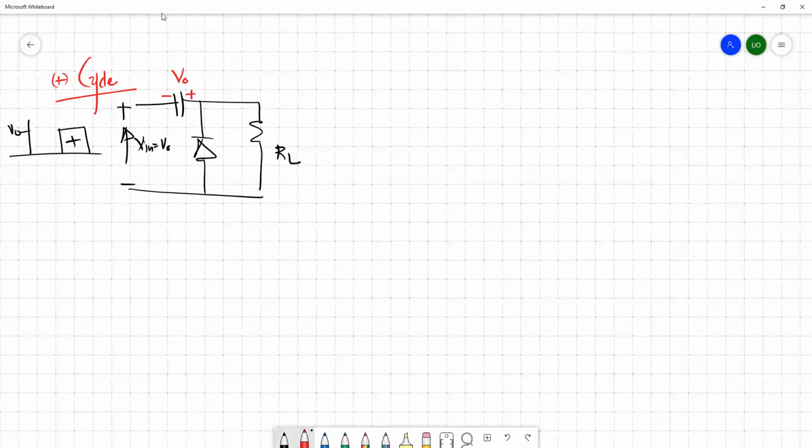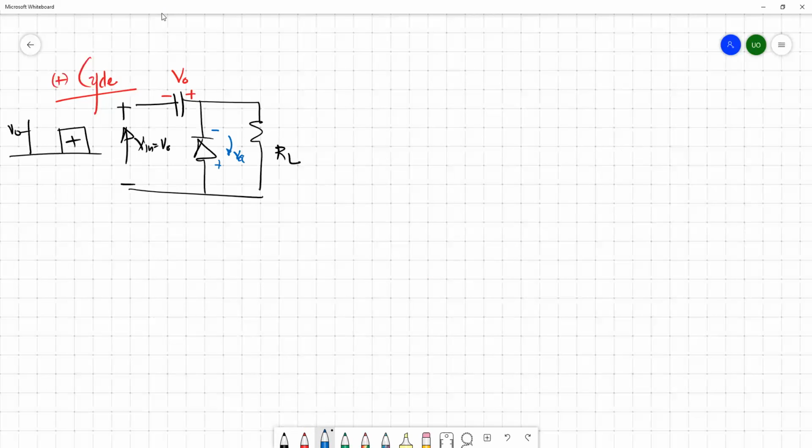Now we'll see what happens to the circuit, first to the diode. Similarly, we can claim that here it's negative and this is positive, so this is an open circuit.